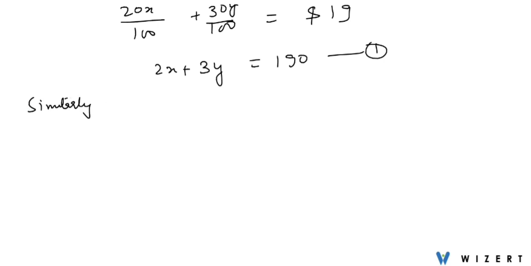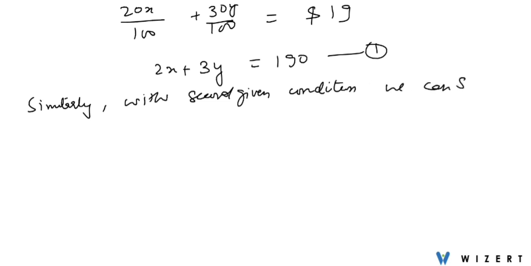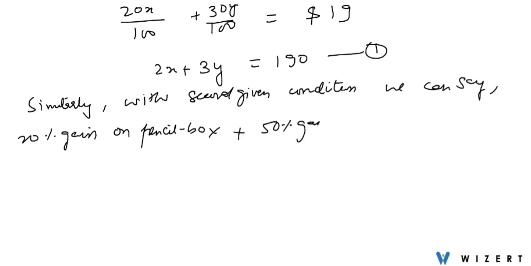Similarly, with the second given condition, it is given that 20% gain on pencil box plus 50% gain on bowl box is equal to $25.